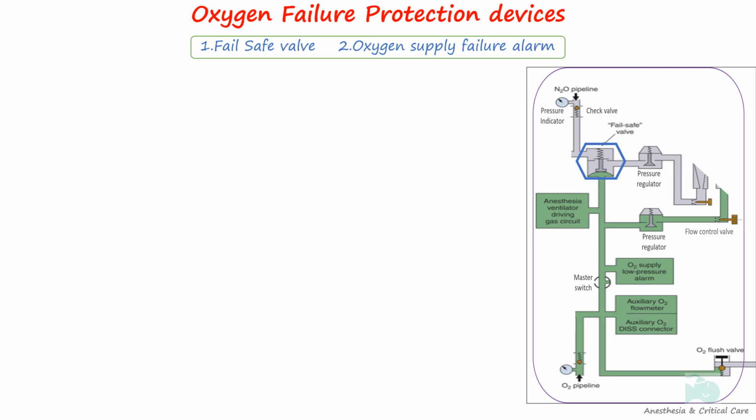Machine standard requires that whenever the oxygen supply pressure falls, the delivered oxygen concentration doesn't fall below 19% at the common gas outlet. Different oxygen failure safety device technologies are used by different machines that control the amount of nitrous oxide flow into the machine depending on the oxygen pressure.